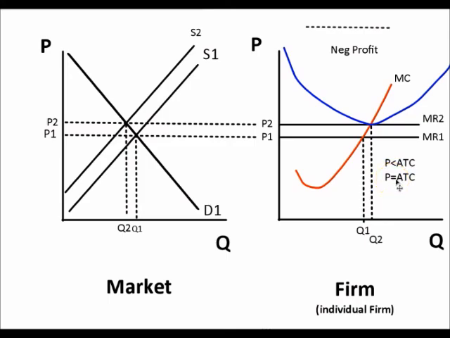So to recap, negative profit incurs a loss. As a result, the weaker firms drop out of the market, forcing the supply curve on the market side to go down or shift left, driving equilibrium price up, driving marginal revenue for the firm up, until it eventually settles where P equals ATC, which is the long run condition for perfect competition.